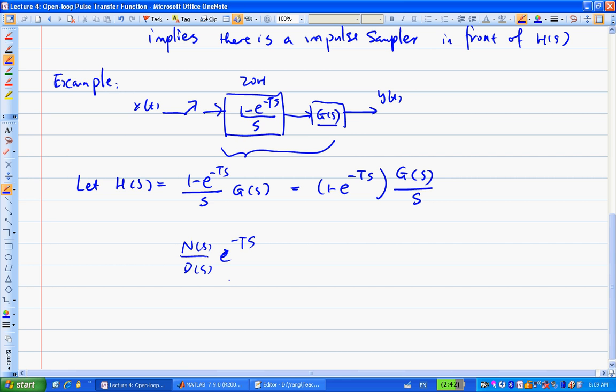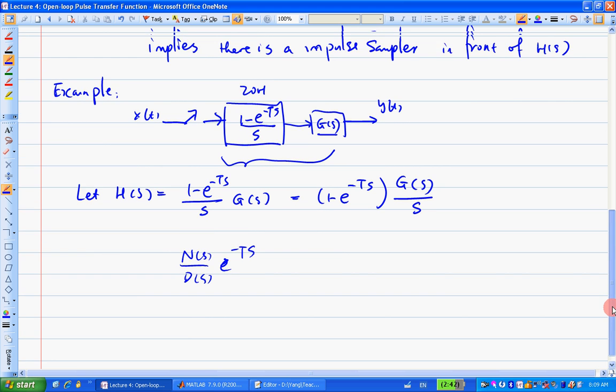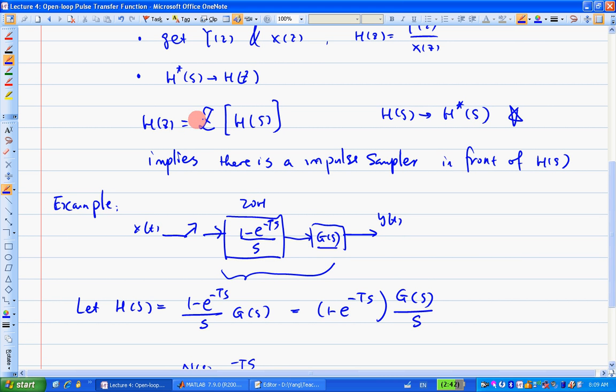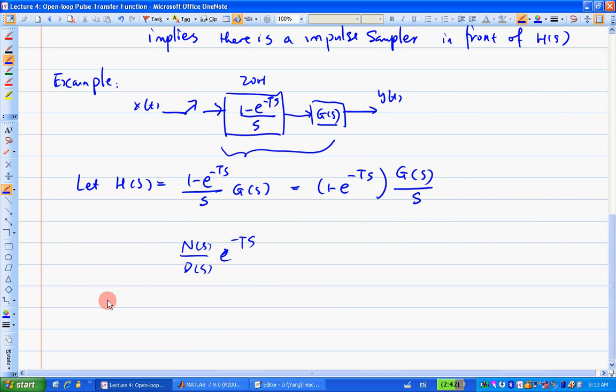So what we want to do is obtain the Z transform, the pulse transfer function. Because there's an impulse sampler here, I'm going to get the Z transform of this H of S. So the PTF is H of Z equal to Z transform of H of S. That's what we're going to try to obtain.